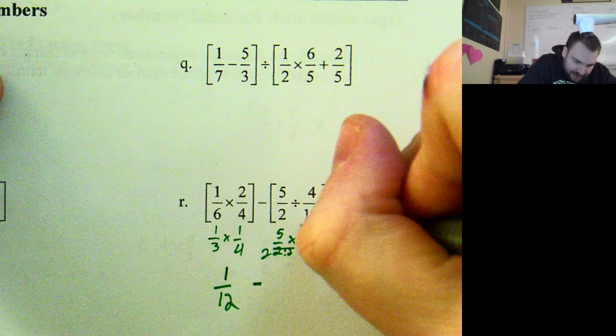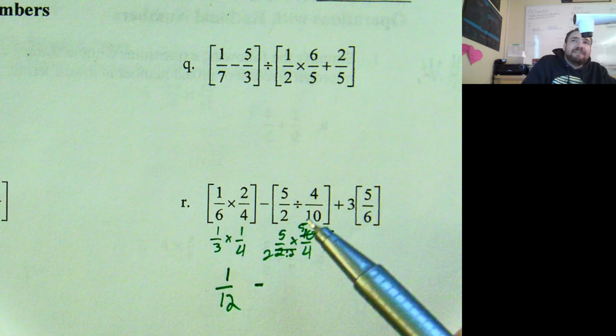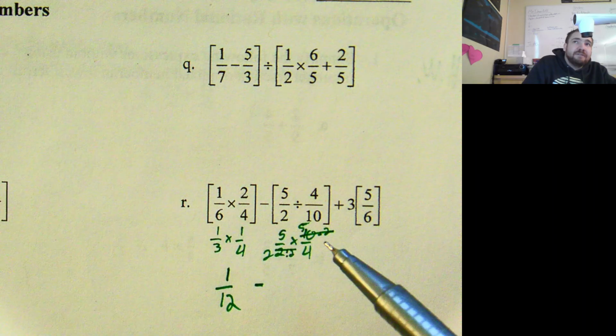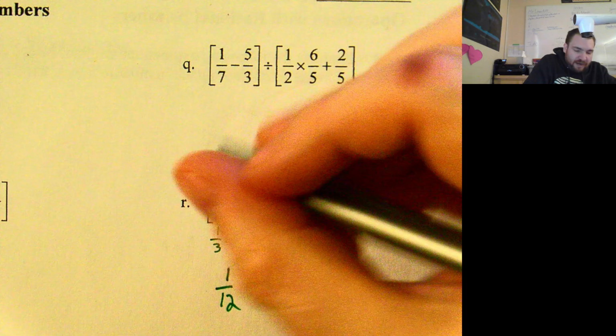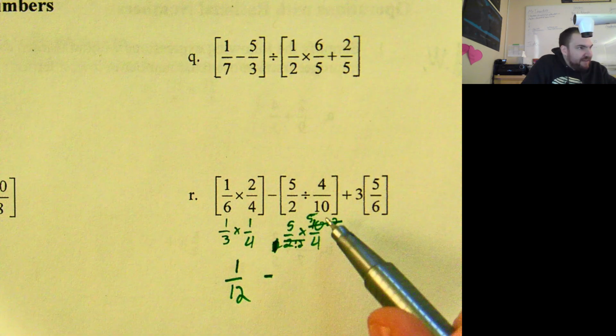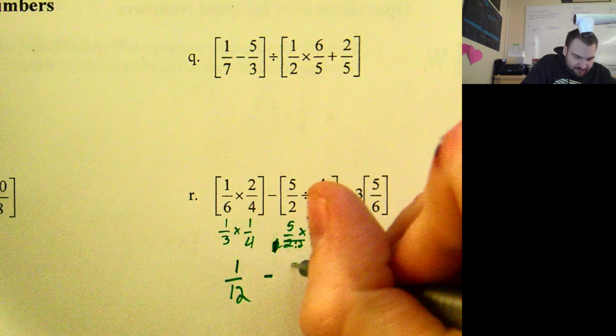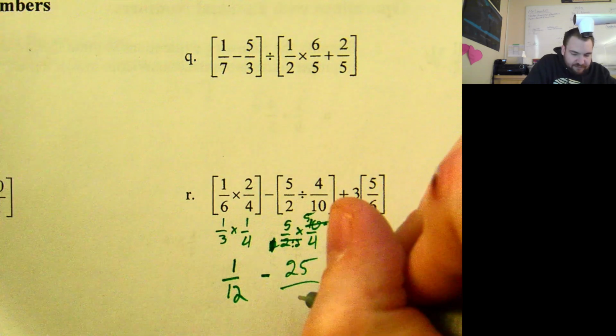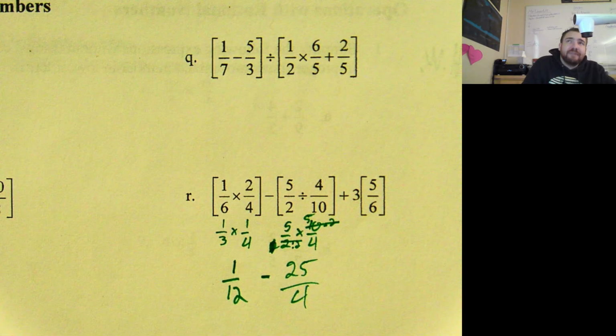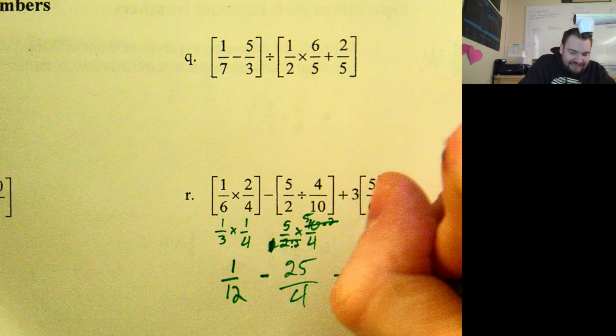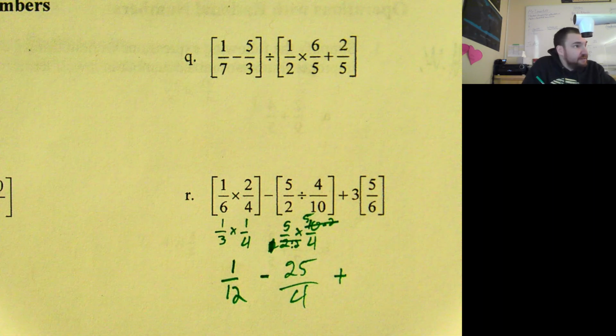That's going to become a 5. And now I'm just going to go for it. 5 times 5 is? That's 1. Thank you. 5 times 5 is? 1 times 4 is? Cool. And I'm going to add to that 3 times 5/6. 3 times 5/6 is what?